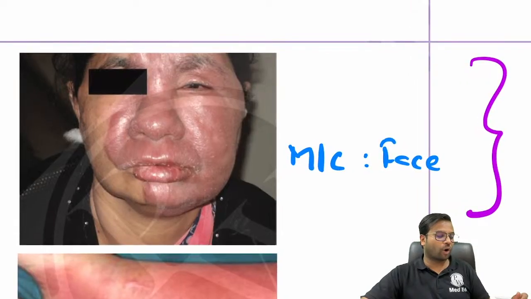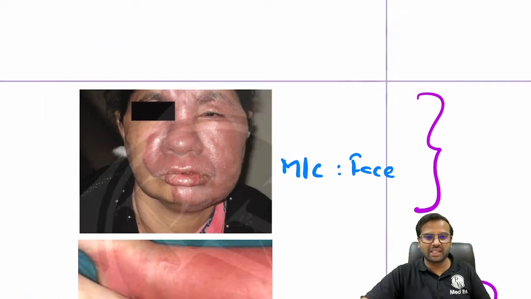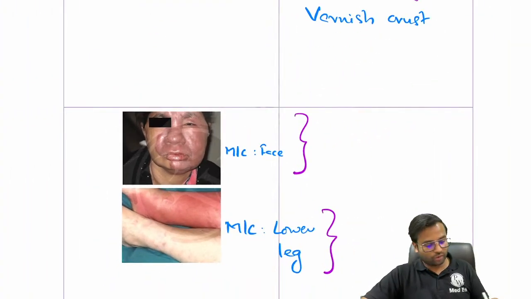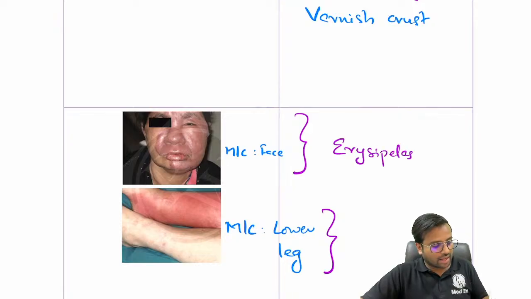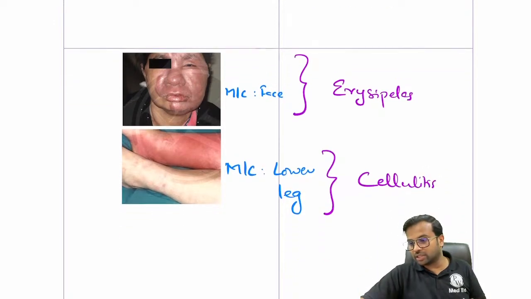Over the face, reddish erythema, all those things can be seen. Very good. So who answered it? Pooja. Excellent. This is called erysipelas. And the second one, which is very common in the lower leg, is called cellulitis.